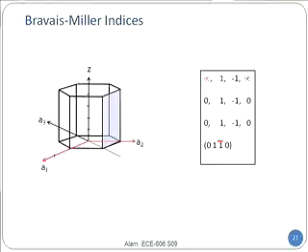A3? Well, A3 is going in that direction, but my surface is cutting it on the negative side. So I have -1. And what about the z-axis? Again, it's parallel to the z-axis, so it will be cutting at infinity. Again, you invert it: 0, 1, -1, and 0, and you can very quickly check that the Bravais-Miller index for this particular structure is 0, 1, 1 bar, and 0.